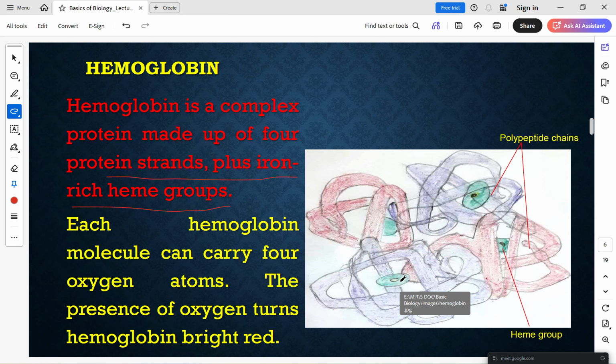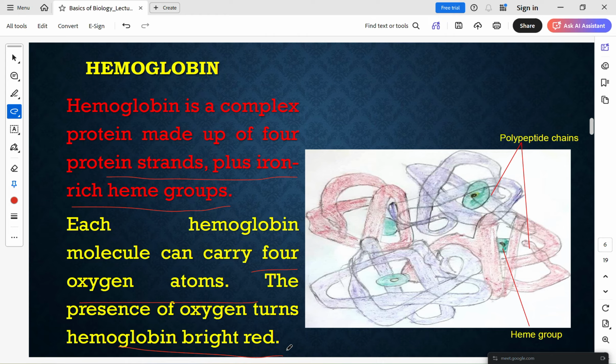Each hemoglobin molecule can carry 4 oxygen atoms attached to each of the heme groups, and if there is oxygen present, the hemoglobin is bright red, otherwise it's more bluish. So arterial blood is bright red in color, whereas venous blood is slightly darker in color.